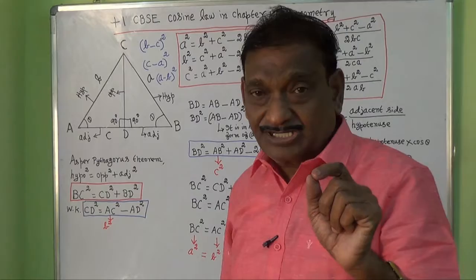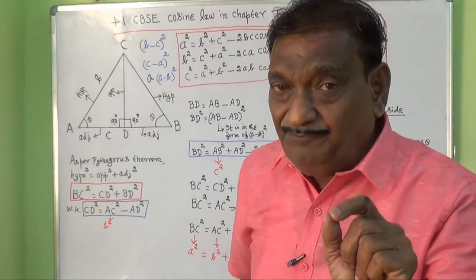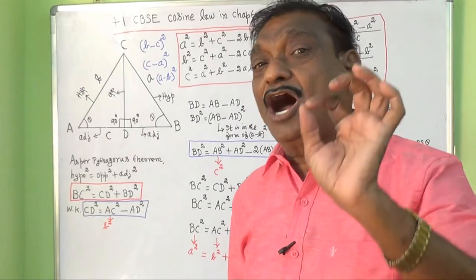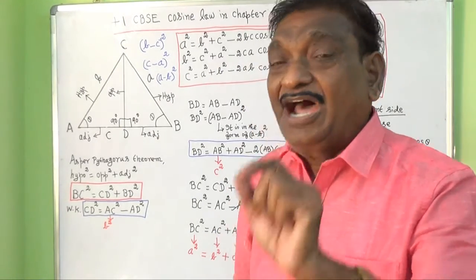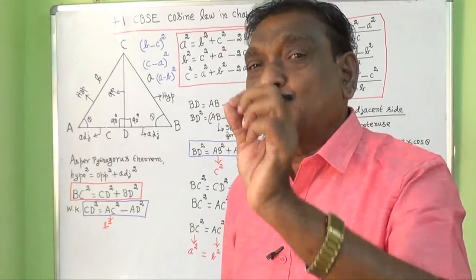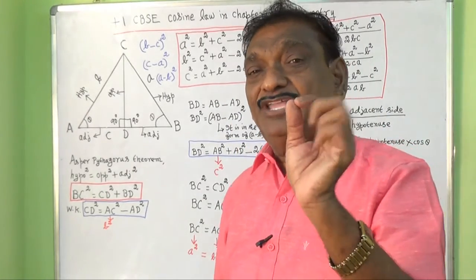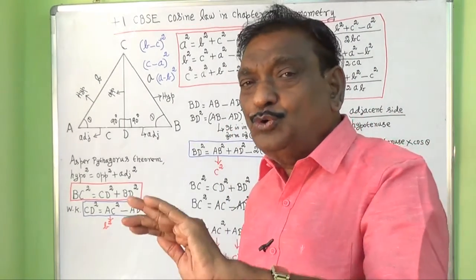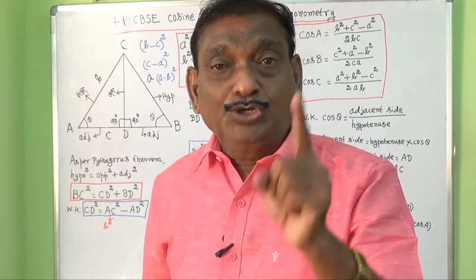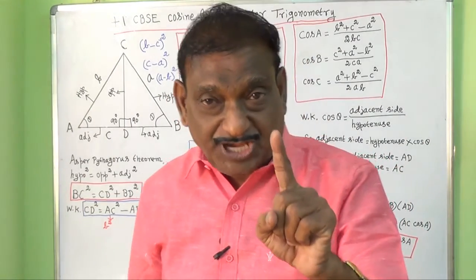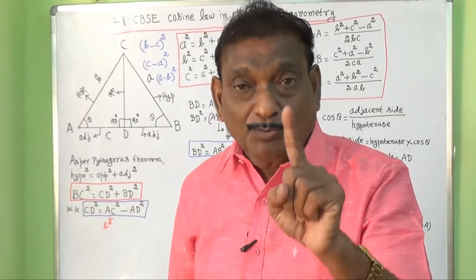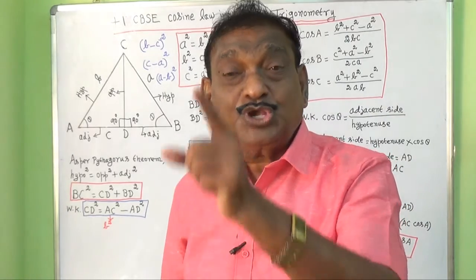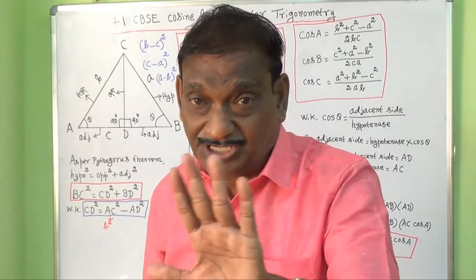So, my dear students, don't forget, whenever you are knowing hypotenuse and theta, you can find the adjacent side and the opposite side. The formula for the adjacent side is hypotenuse into cos theta. If we want to find the opposite side, the formula is opposite side equal to hypotenuse into sin theta, not cos theta.